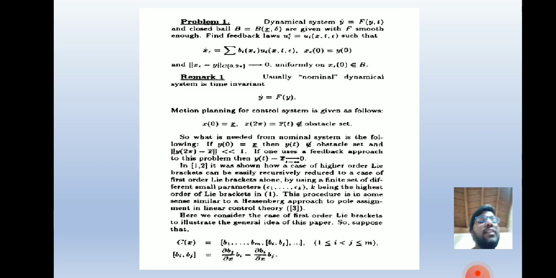Next, let us discuss problem 1. A dynamical system y dot equal to f of y, t and a closed ball B equal to B of x, delta are given, with f smooth enough.